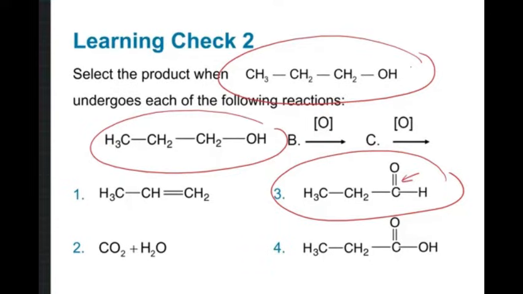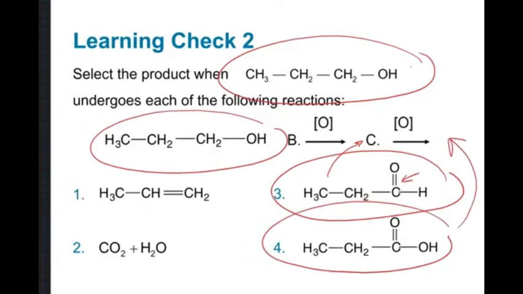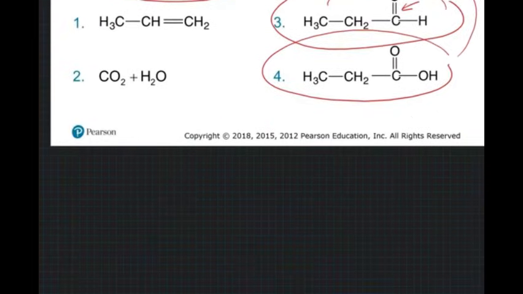You have more carbon-oxygen bonds. And then aldehyde is oxidized to what? Dude, you gotta look for a similar structure. Which structure is similar to number 3? Like seriously similar. Number 4. So this will be propionic acid. Okay? Clear? Awesome.